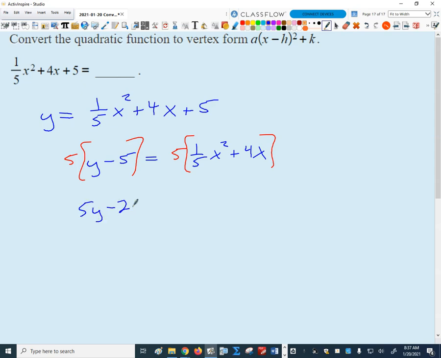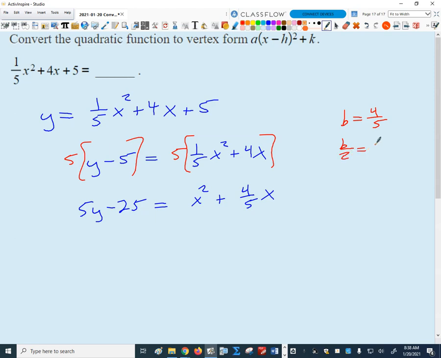So I get 5y minus 25 equals, when I distribute, I just get x squared plus 4/5 x. Okay, so we got x squared plus bx. B is inconvenient, it's a 4/5, but that's all right, just a fraction. So we recognize that b equals 4/5.